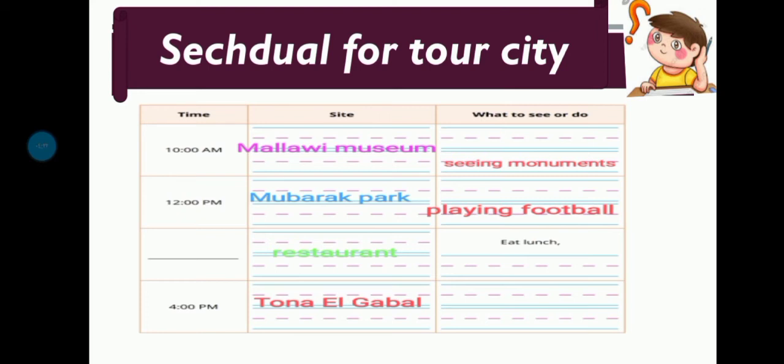What to see or do? Playing football. Then we will go to a restaurant to eat lunch. At last, at 4 o'clock p.m., we will go to Tuna al-Jabal, also to see monuments.